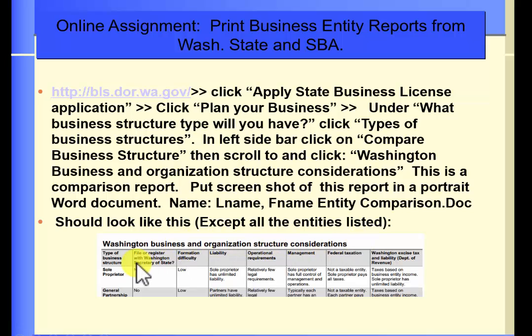This is a one-page document. Get a screenshot of it, paste it in a Word document, and save it as last name, first name, entity comparison.doc, and that will be submitted in Canvas under this assignment.